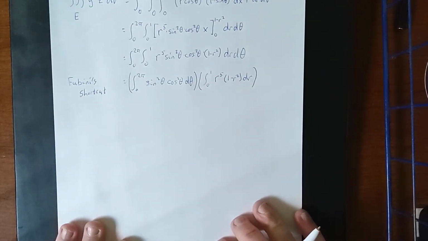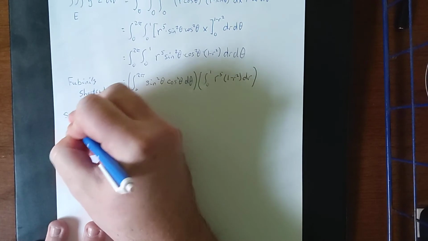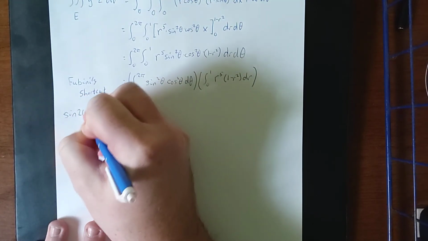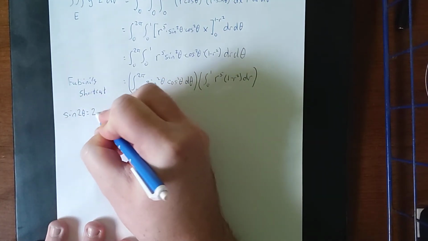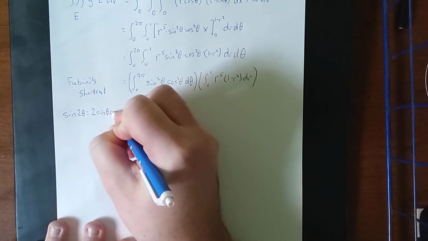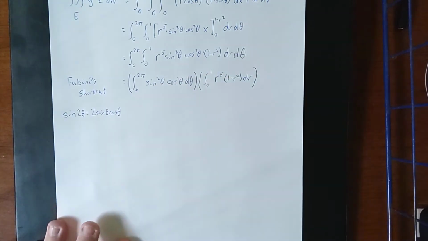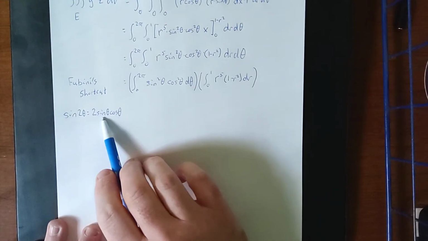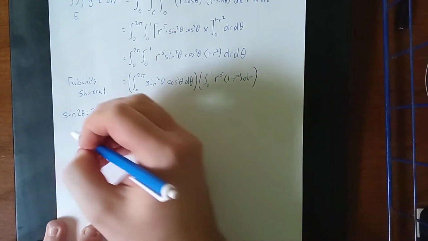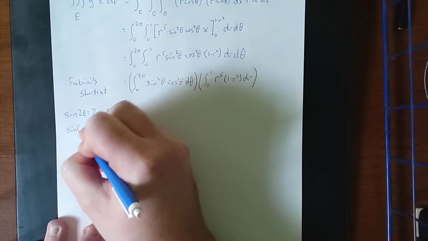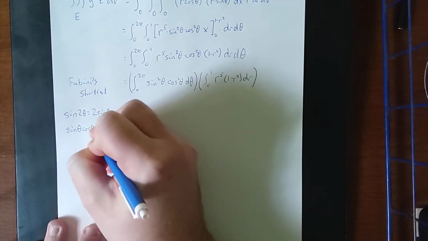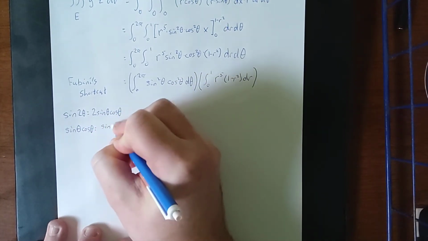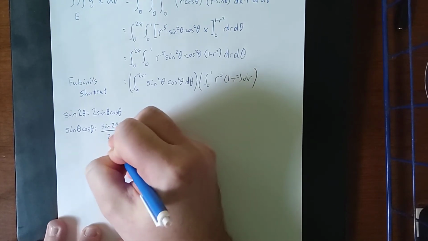There is a power-reducing identity that can be used anytime you have equal powers of the sine and the cosine. That's making use of the double angle identity for the sine. The sine of 2 theta is equal to 2 times the sine theta times the cosine of theta, which means that the sine of theta times the cosine of theta is equal to the sine of 2 theta divided by 2.